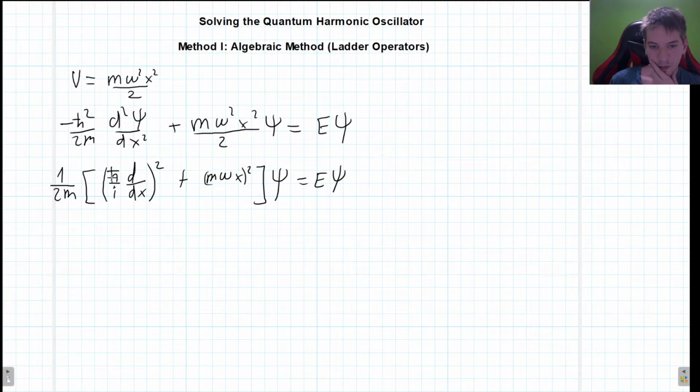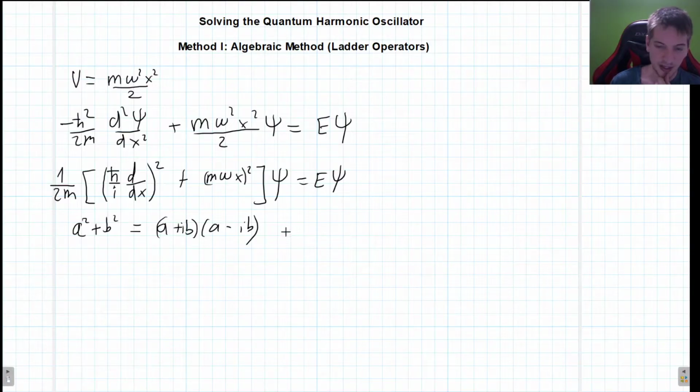Now, looking at this, we can see that this term in the bracket is something squared plus some other thing squared. If these were numbers, we could say, let's say we have numbers a and b, which are real numbers. We know that a squared plus b squared is just a plus ib times a minus ib. And why is that?